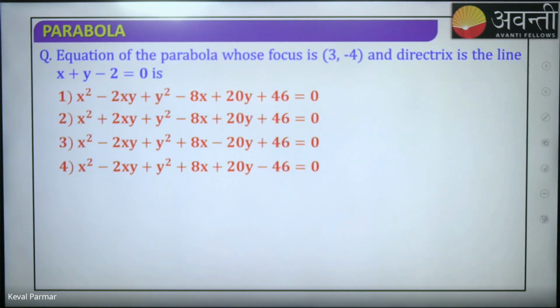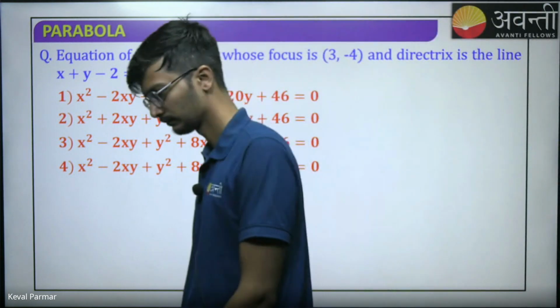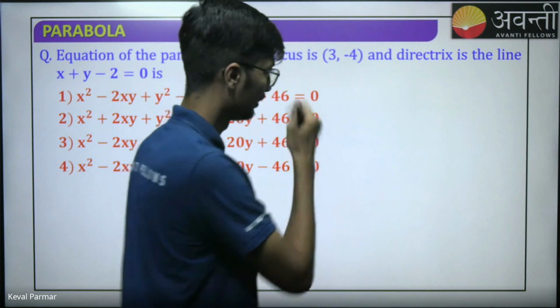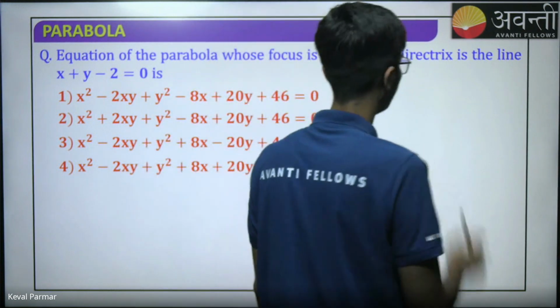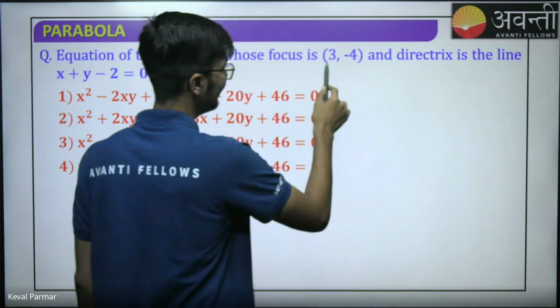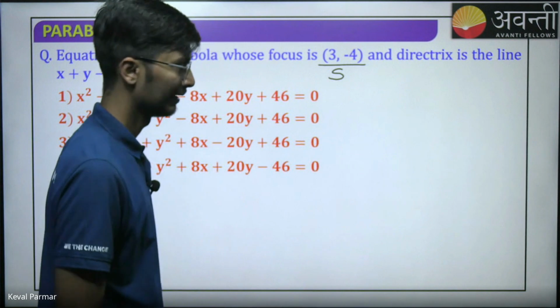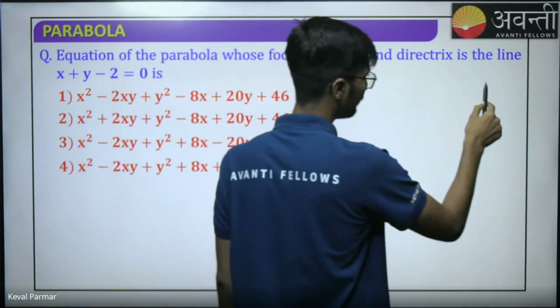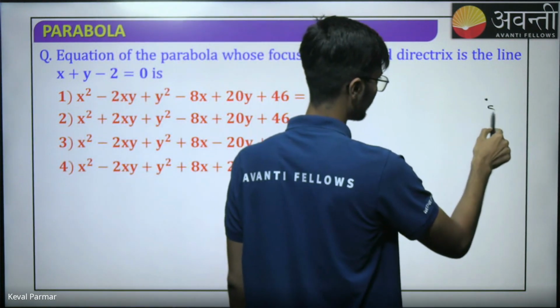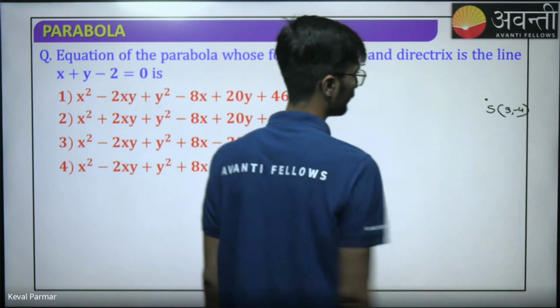The equation of the parabola whose focus is this and directrix is the line. If you remember, let me draw it here. This is point S, which is 3 comma minus 4.